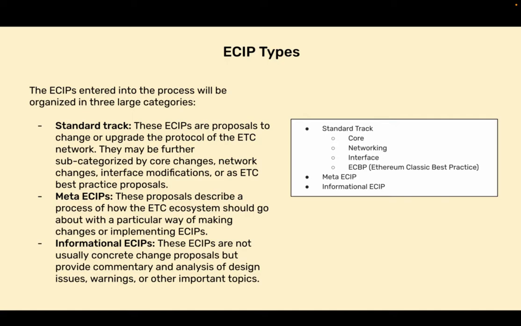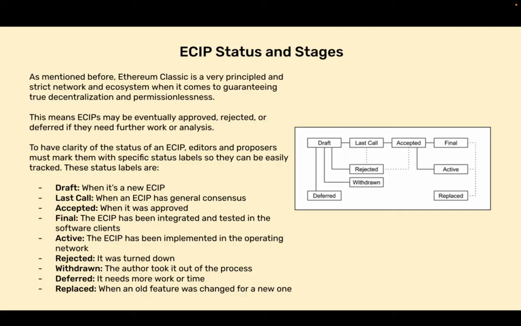These proposals describe a process of how the ETC ecosystem should go about a particular way of making changes or implementing ECIPs. Informational ECIPs. These ECIPs are not usually concrete change proposals, but provide commentary and analysis of design issues, warnings, or other important topics.